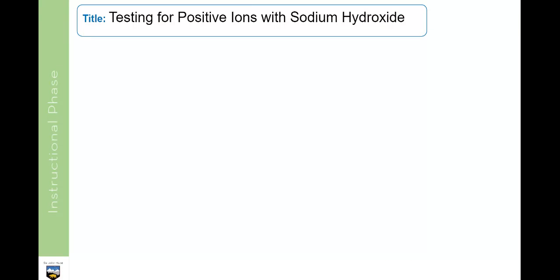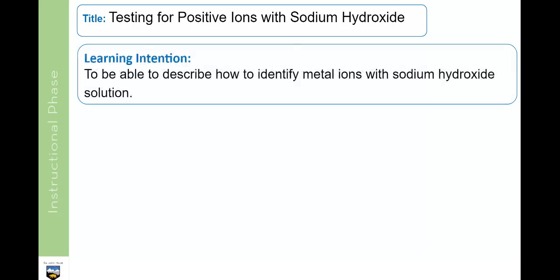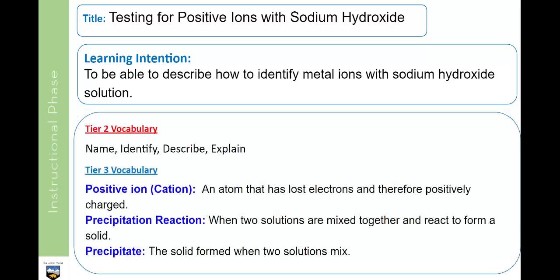So as I've already said, today we are testing for positive ions, this time with sodium hydroxide. So you need to be able to describe how to identify the metal ions in a substance with sodium hydroxide solution. Now, some keywords. We know what a positive ion is.